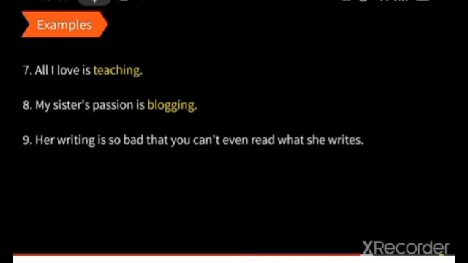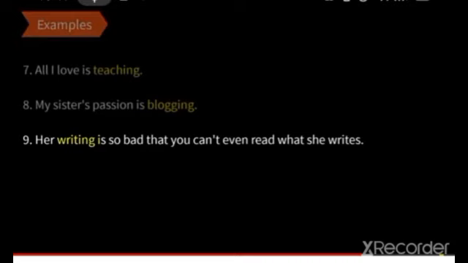And now the last one is remaining. What is the last function? Fifth function is object of possessive pronoun.